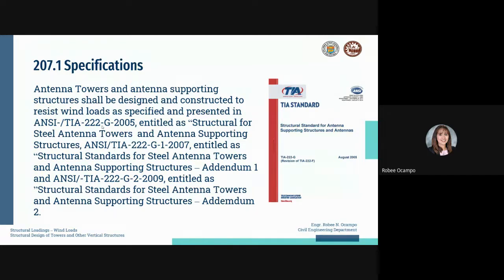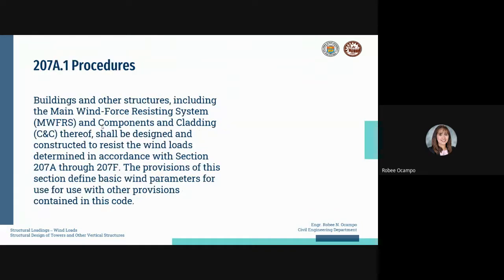So yung mga addendum niya were added a few years after the publication of the TIA-222-G, which was published in 2005.